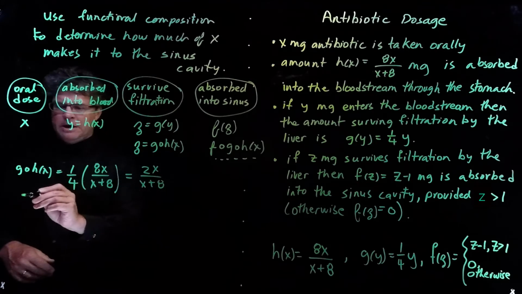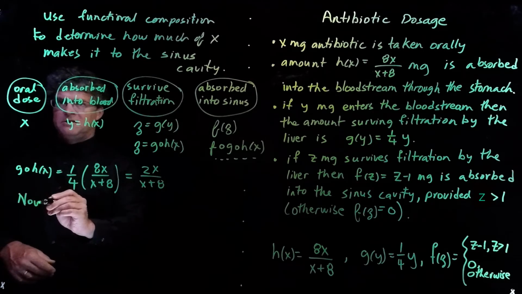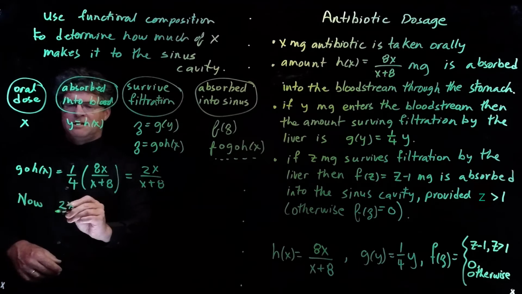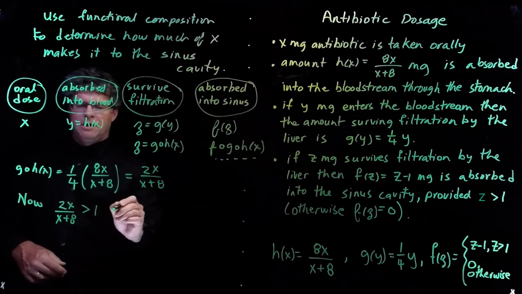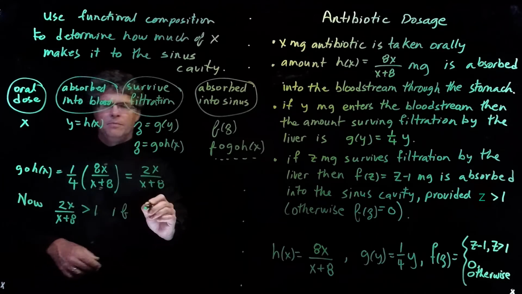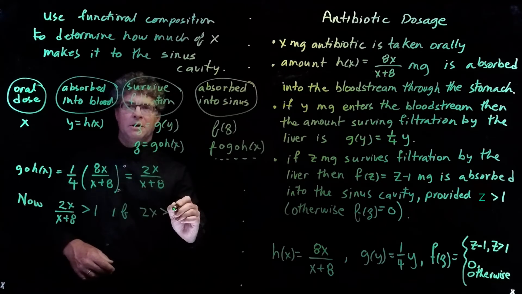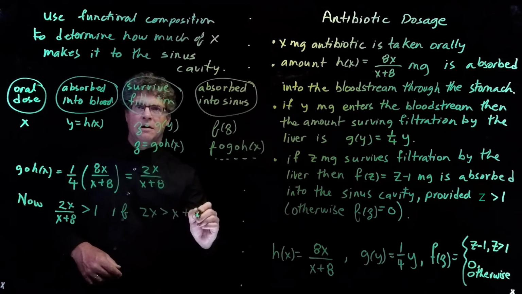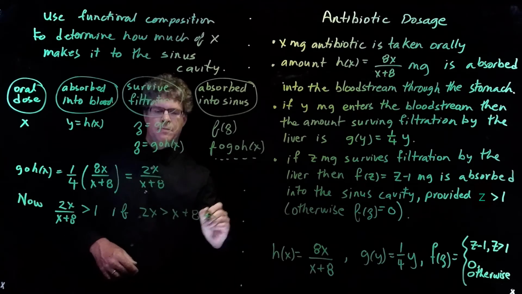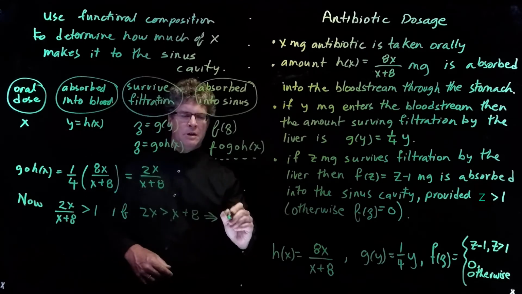So we'll check that right now. So 2X over X plus 8 is bigger than 1 if 2X is greater than X plus 8, which means that X would be bigger than 8.